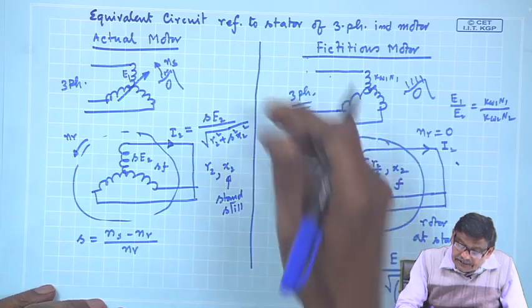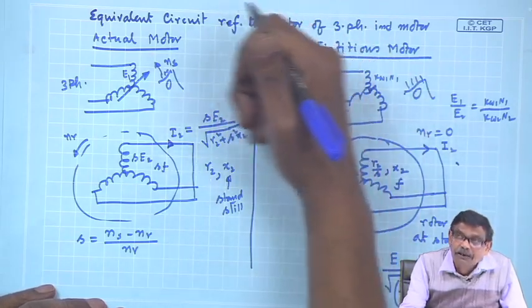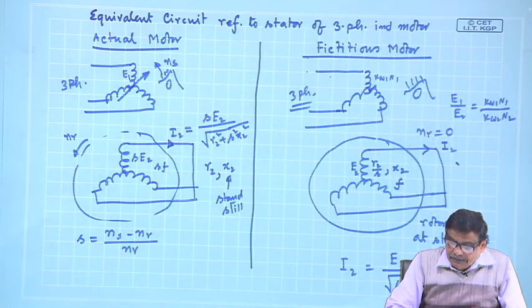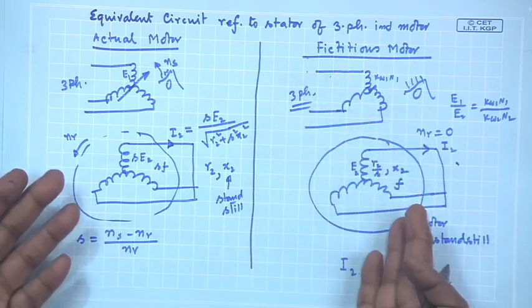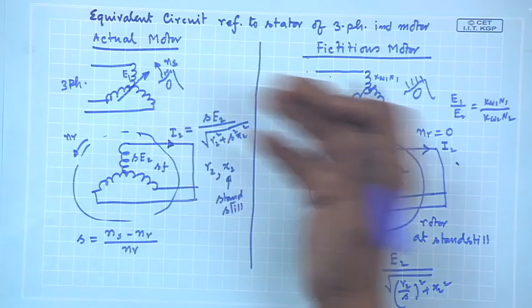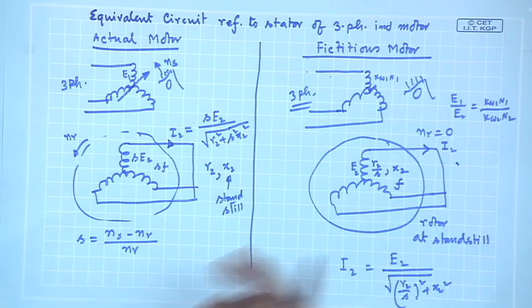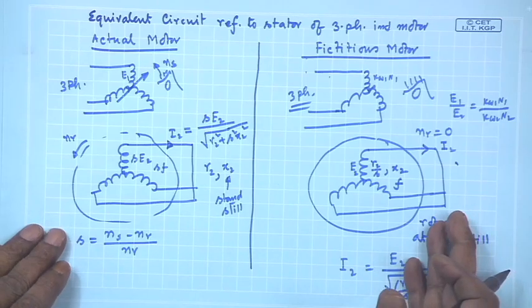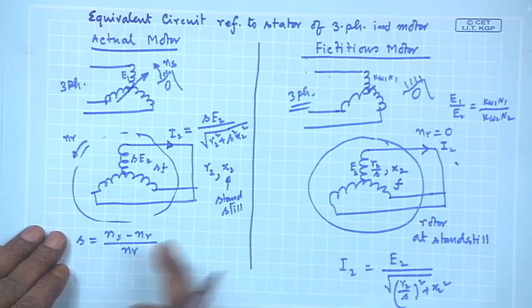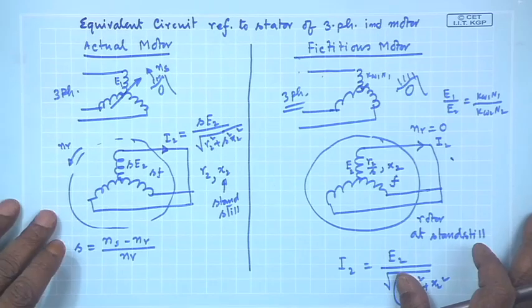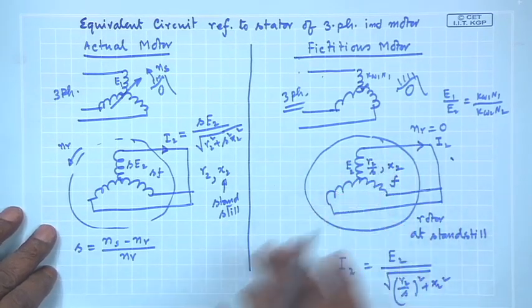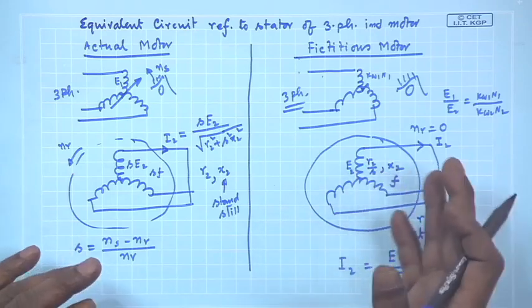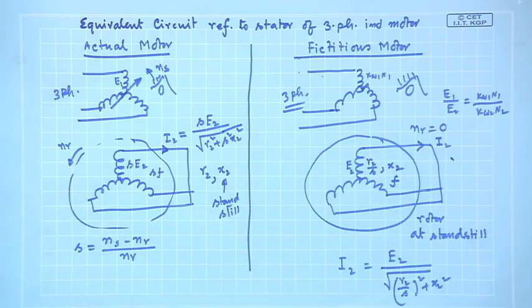In this case, the same total power it will draw, because the stator will react in the same way in both the cases. So, whatever extra current it draws is decided by the rotor current and its power factor angle, and those things remain the same, the magnitude of the rotor currents and so on. Therefore, in this case for this motor at standstill condition, I will say rotor copper loss is I2 square R2 by S, and that is certainly greater than I2 square R2.